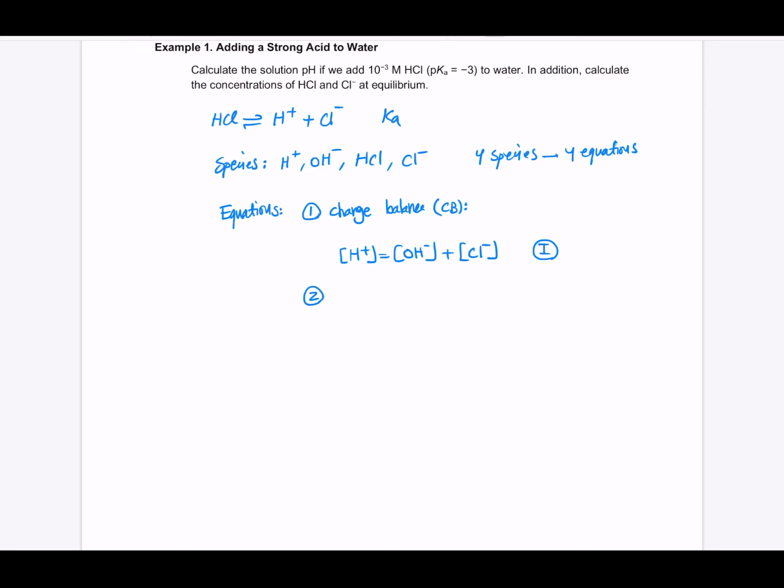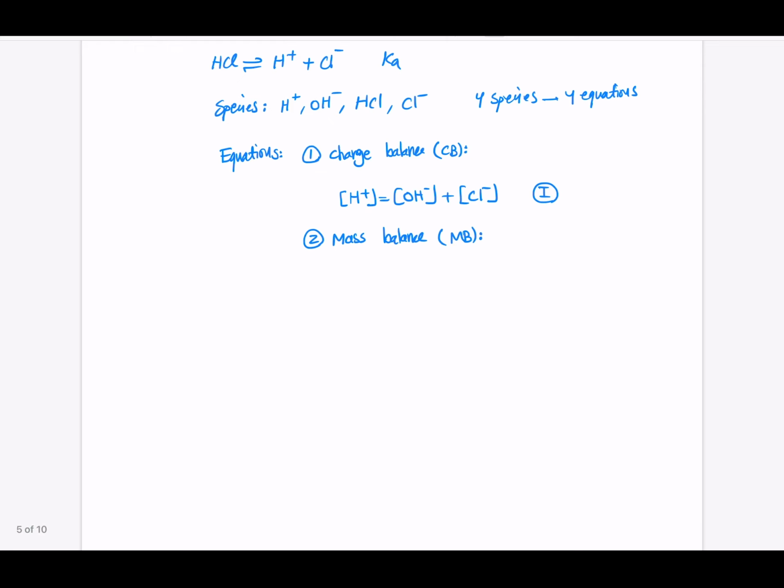The next one is basically the mass balance. What's the element except oxygen and hydrogen? Cl, so that's the only element left. What would be the total Cl? Yep, but what is the species? Exactly.